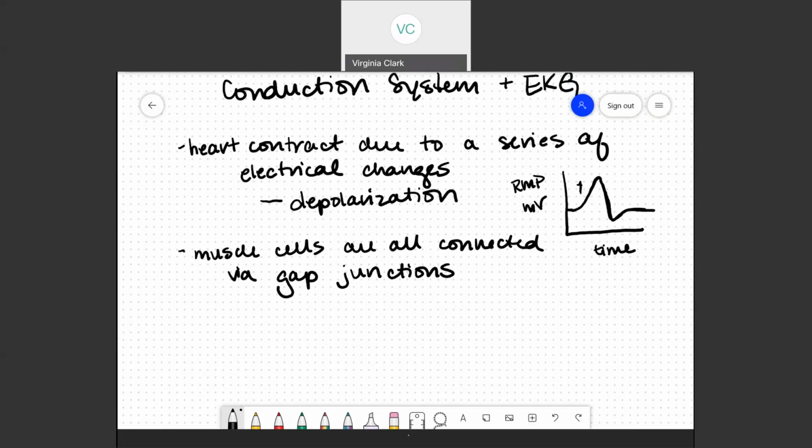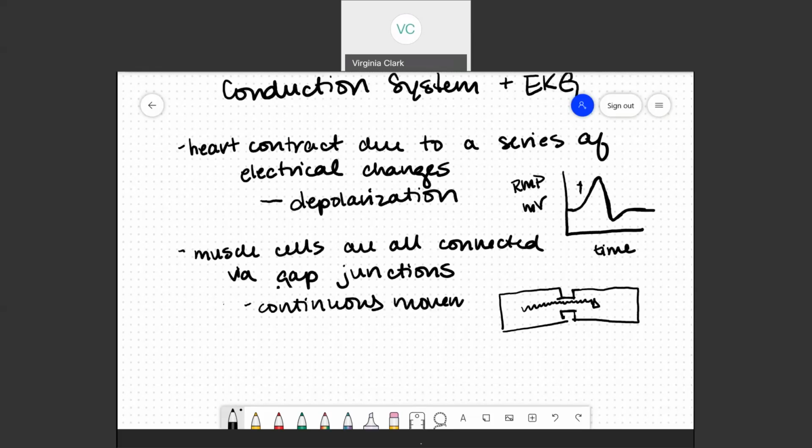So if we have a muscle cell right here and a muscle cell right here, again, just a very generic perspective, gap junctions mean they are not isolated with a plasma wall between them. They are actually connected via a tunnel that has a gap where you have continuous movement of the cytoplasm from one cell to the other.